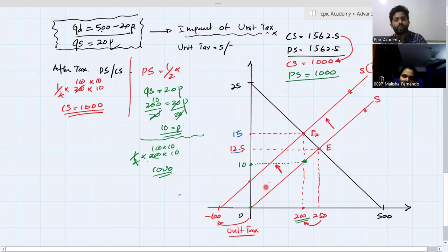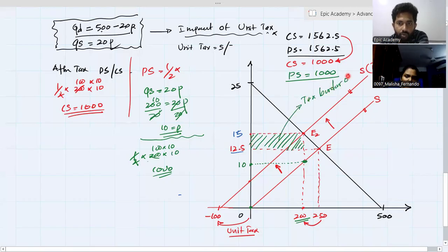So now you have to identify what happened to this area. Who will own this area? Especially this area. How can we represent this? We call it tax burden of consumer.